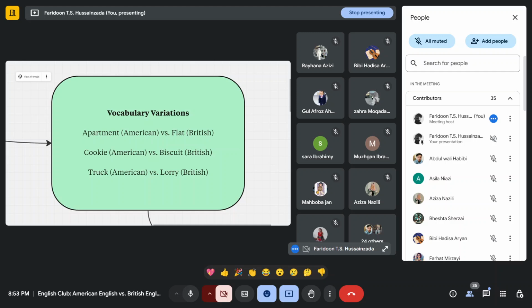Okay, so the word like lorry, the word like biscuit, we still use it, and they are from British English. Okay, so any quick questions about this slide specifically, about vocabulary differences?